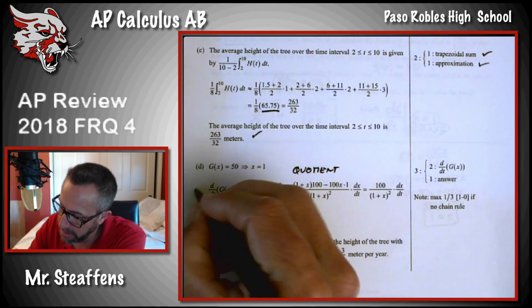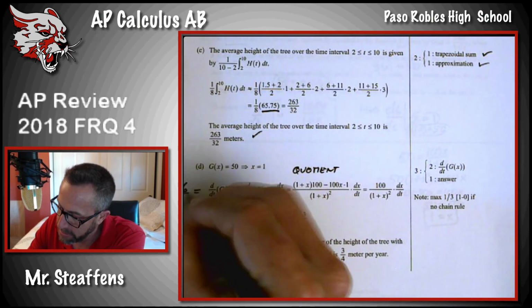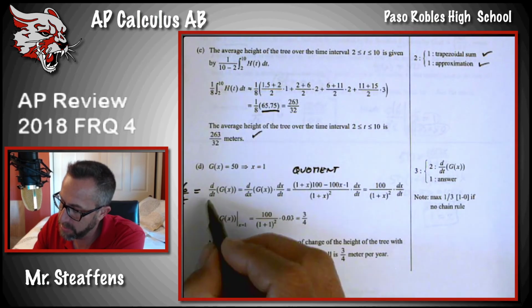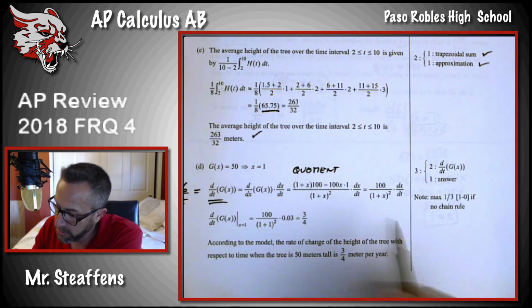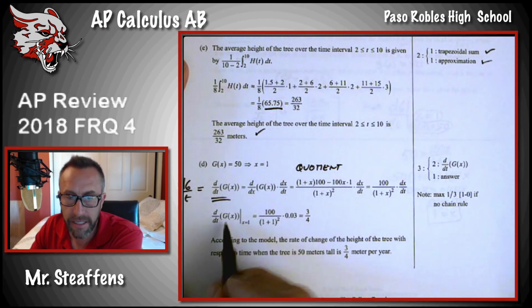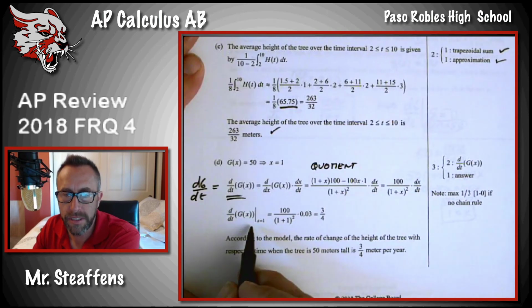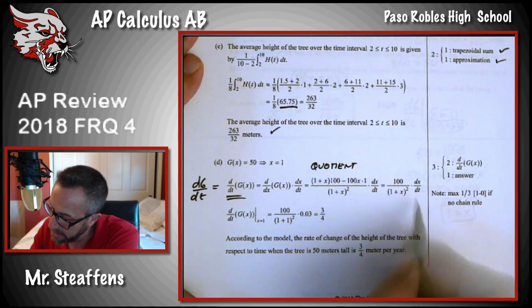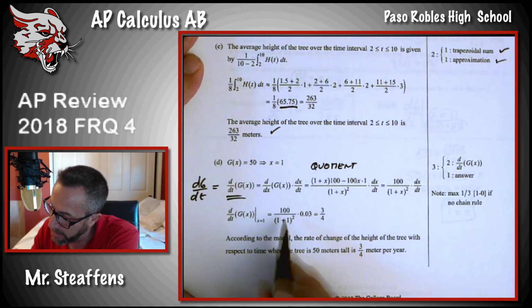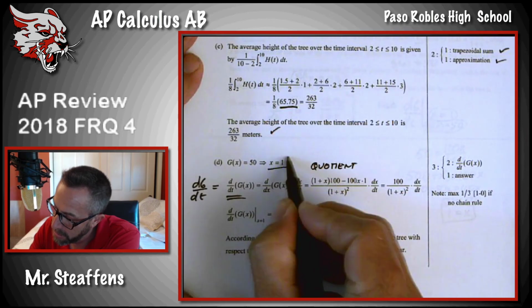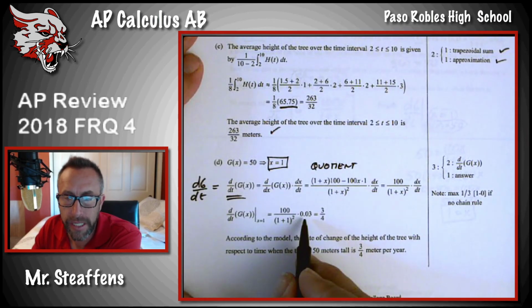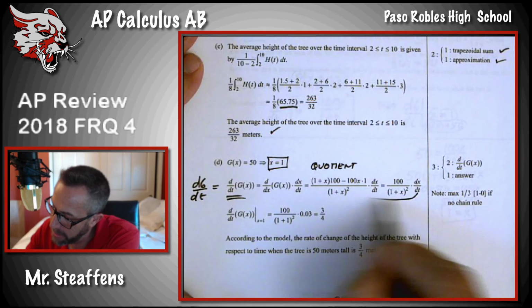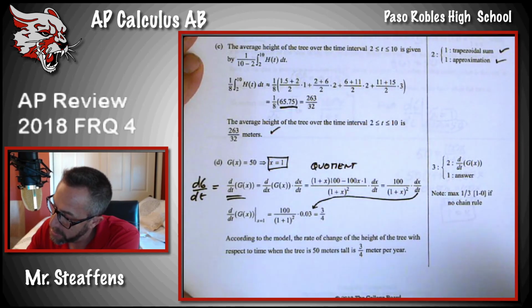This is all going to equal dg/dt. That's what this says right here. So dg/dt will equal that ugliness, and then I plug in my points. I plug in a 1 for x, because at x equals 1, and I plug in 0.03 for dx/dt, and I get 3/4.